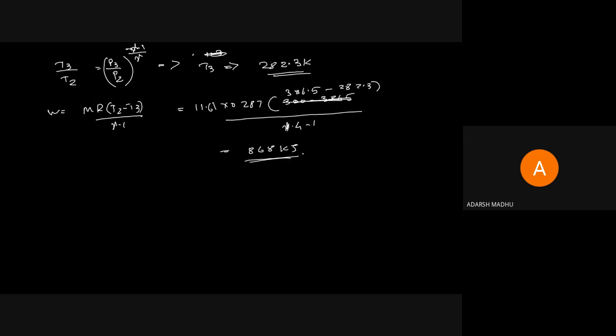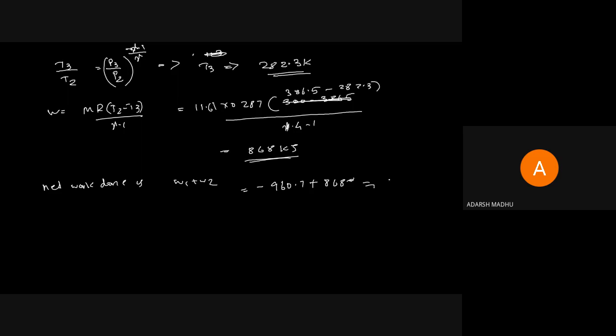So we have found the values for the polytropic process and the adiabatic process. The first step is polytropic, the second step is adiabatic. The net work done is W1 plus W2, that is minus 960.7 plus 868.